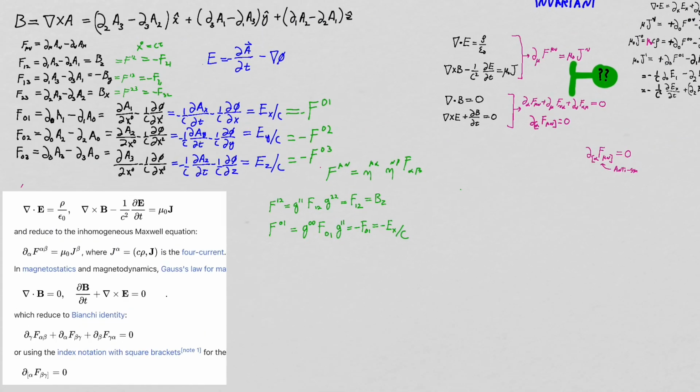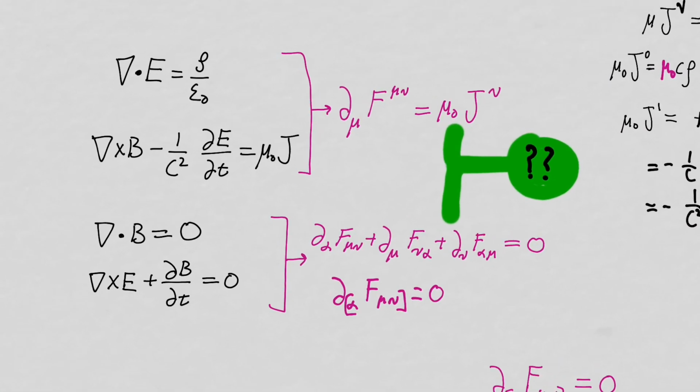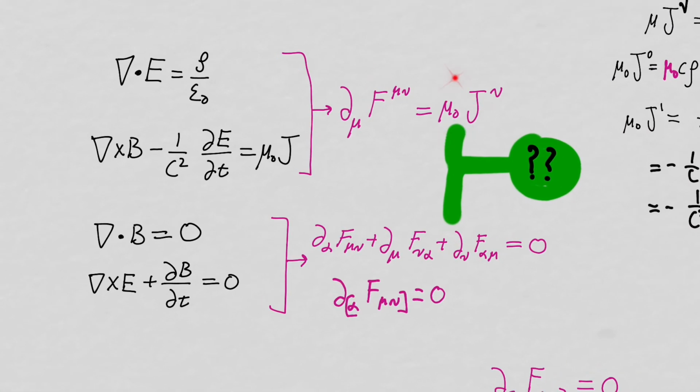And next time, we're going to divert ourselves a little bit away from the mainstream notion of prerequisites of QED, and we're going to show how exterior algebra can arguably simplify these two equations even more. Okay, I'll see you next time.